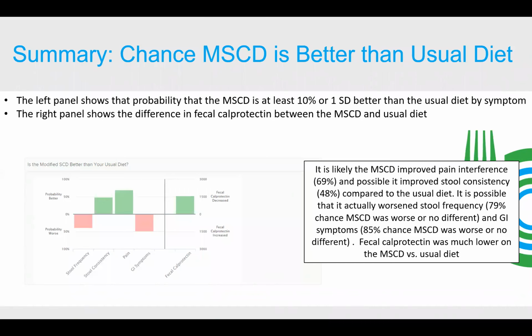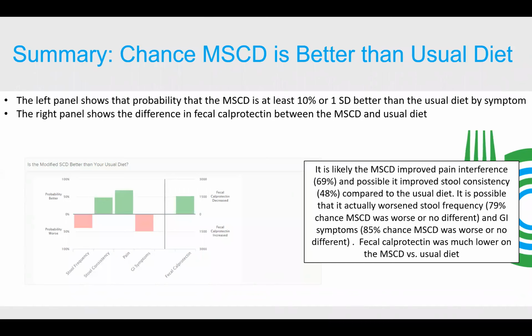So if I was interpreting this, I would say it was likely that the MSCD improved pain interference, and possible that it improved stool consistency at 48% compared to the usual diet. And it's possible that it actually worsened stool frequency that you can see there. But the greatest chance is that, in fact, it was no different.